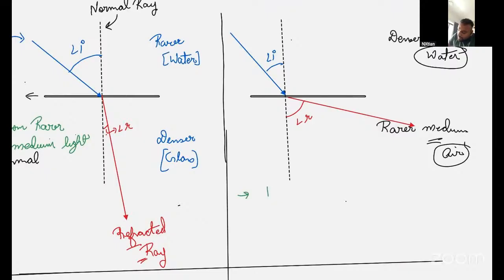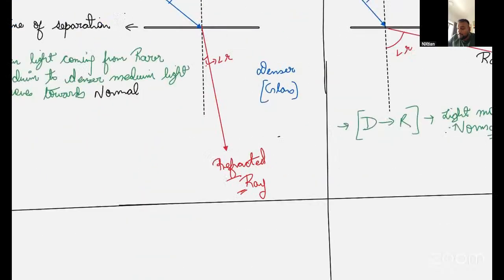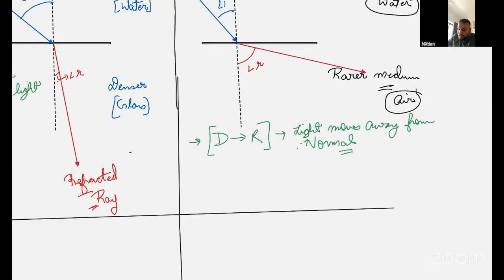If light is coming from denser to rarer, from D to R, in this case, light moves away from the normal. Everyone got this? So the first one is towards the normal, and the other one is away from it. Who has doubt?